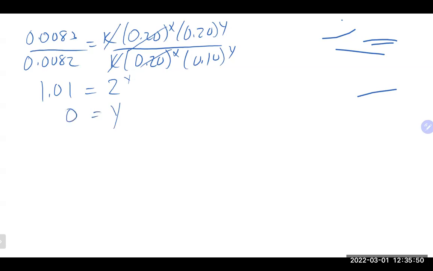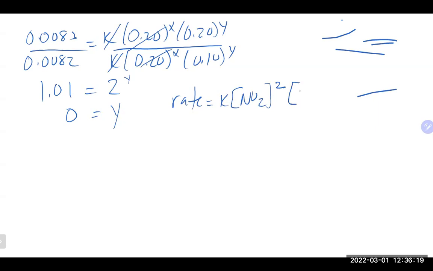Again, if you took the natural log of 1.01, it gives you about 0.01, divided obviously by the natural log of 2 gives you there 0. So this guy should equal basically 0. That gives us a rate law of K NO2, and that was squared, right?